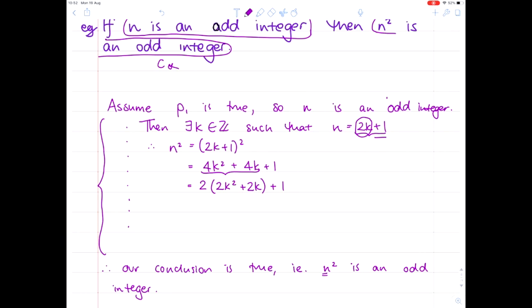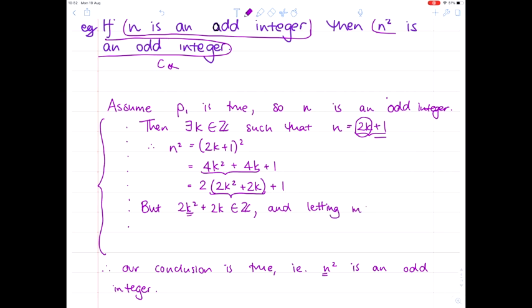And now we see we're almost done, because if this thing, 2k squared plus 2k, is an integer, then we've got 2 times some integer plus 1, and we know that that will be odd. But 2k squared plus 2k is an element of the integers, which we know because we've just multiplied integers together and added them, and integers are closed under multiplication and addition.